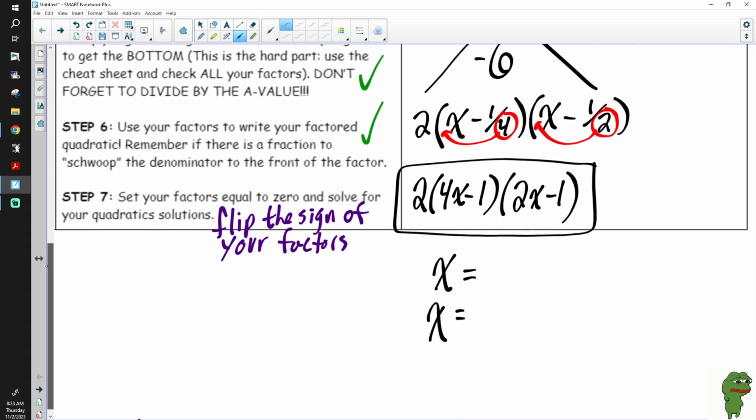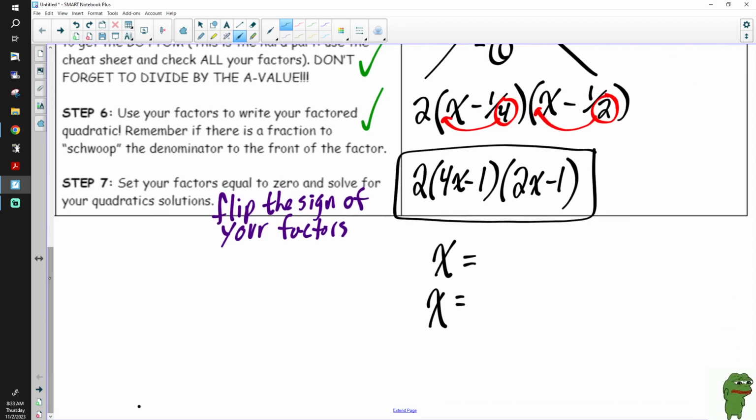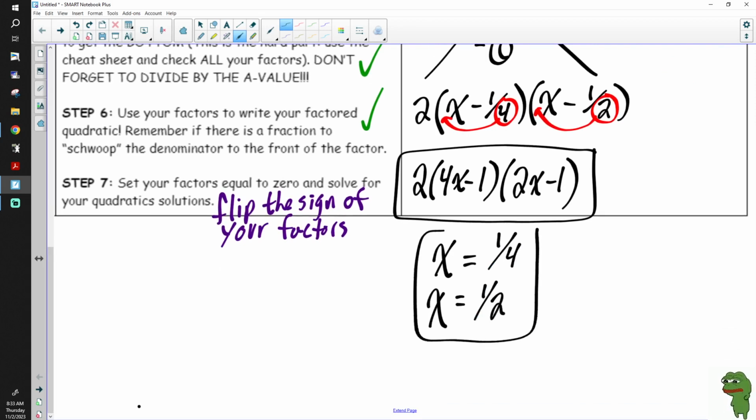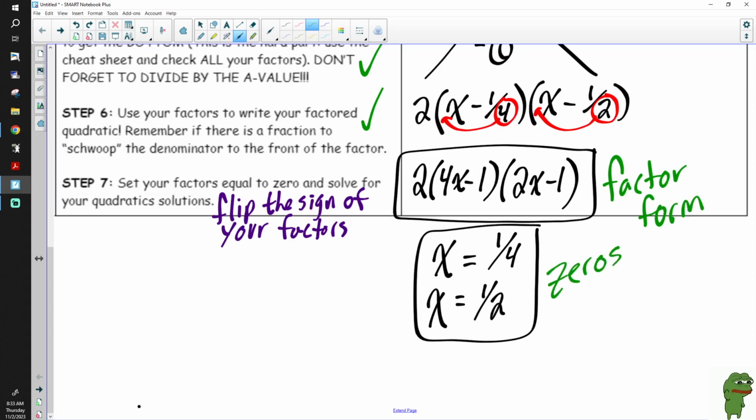To write our solutions, we just flip the sign of our factors. So positive 1/4 and positive 1/2. This is our factor form. These are our zeros or solutions.